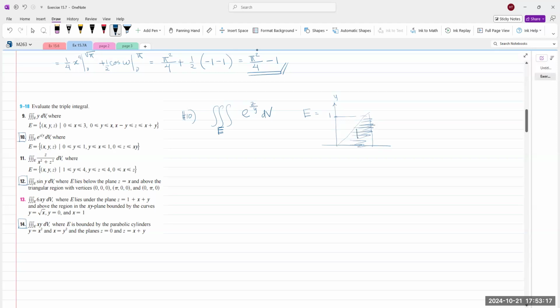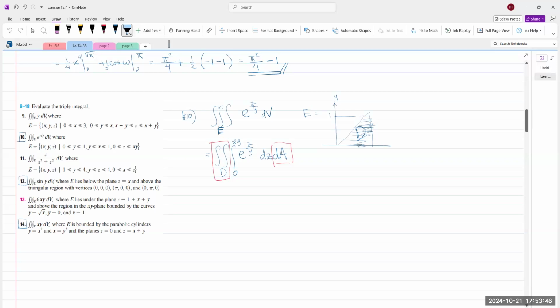Okay, this is the D here. Which, if you think about it, is basically a double integral over D of the integral from 0 to xy of e to the z over y dz dA. I want to point out that this dA here is for this double integral.